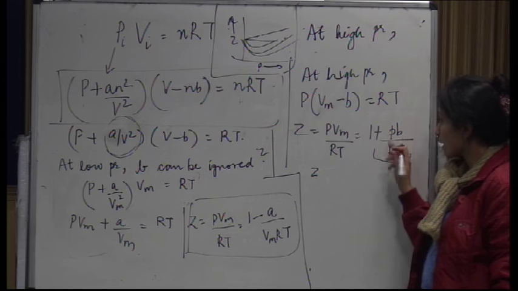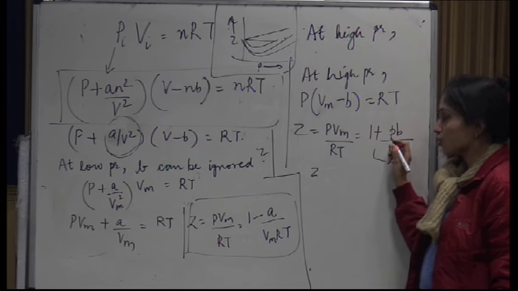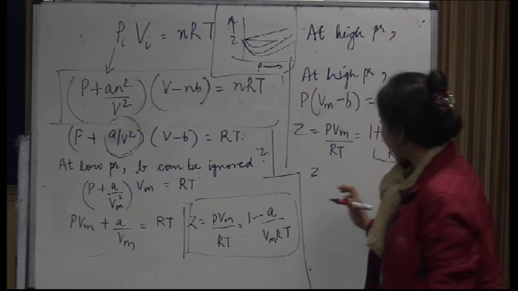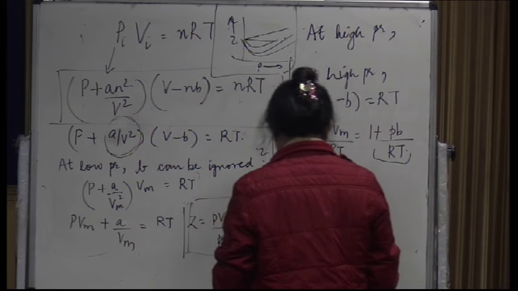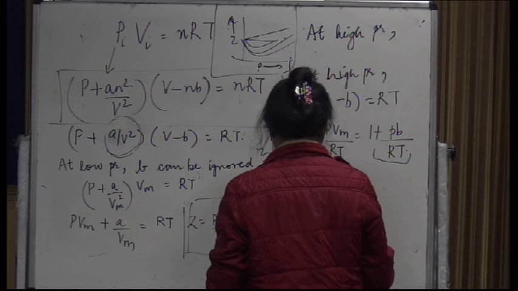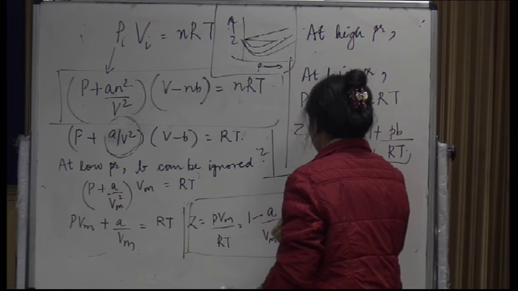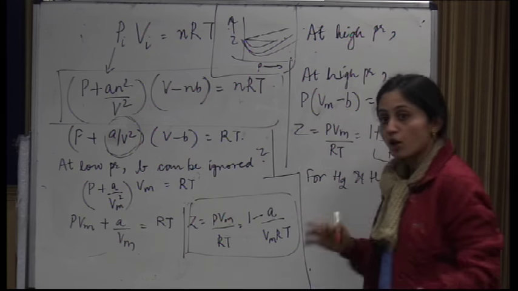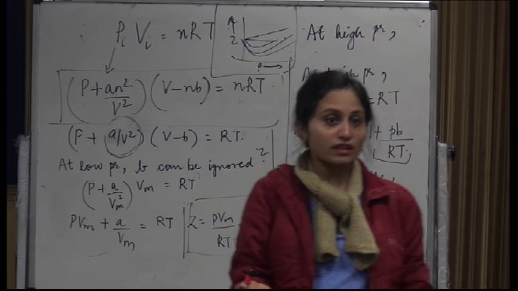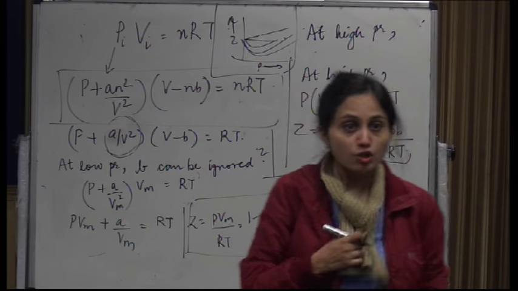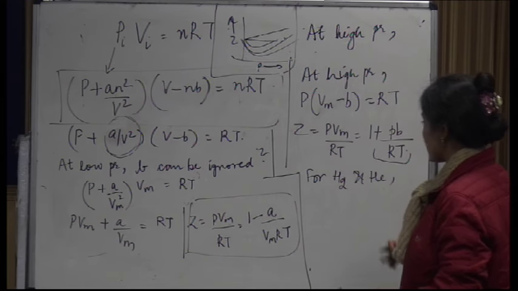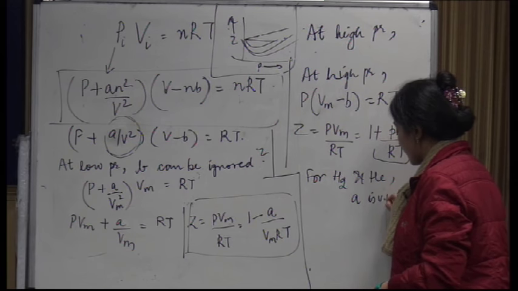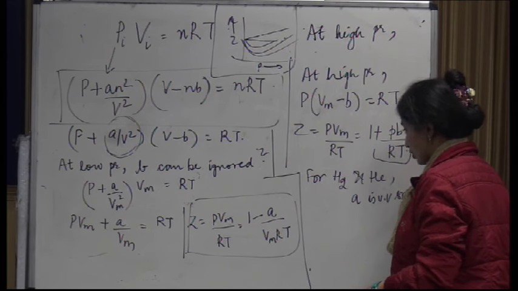Now in this case, at high pressure regions the Z starts increasing linearly, and for hydrogen and helium remember that A is very, very small. For hydrogen and helium we do not even need high pressure conditions to ignore it. This is an important question.